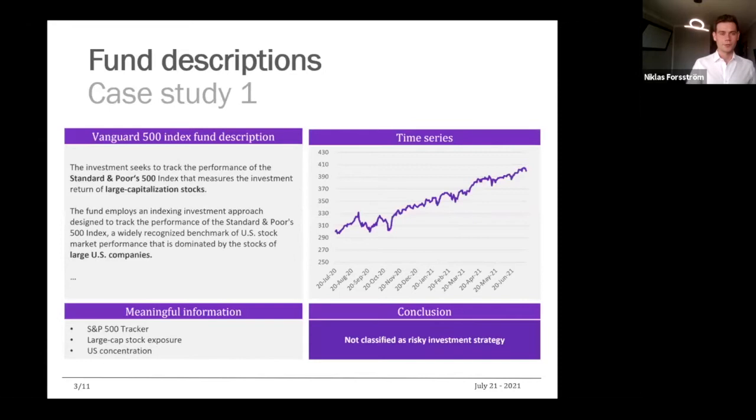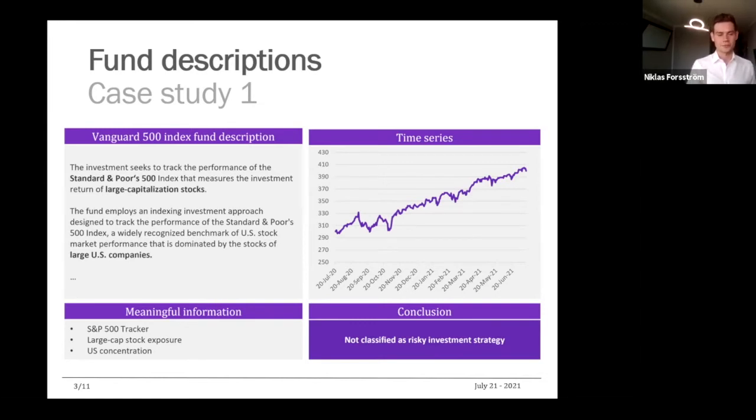To get things started, I want to look at two case studies just to show you what we're interested in analyzing. First off, we have a Vanguard 500 index fund. Just looking at the fund description here, we can see that it tracks the S&P 500 index and it invests in large cap stocks. Reading further, we can see that it has exposure towards large US companies.